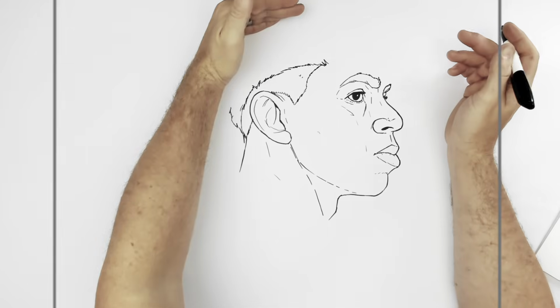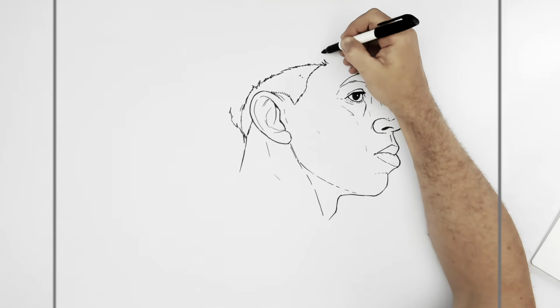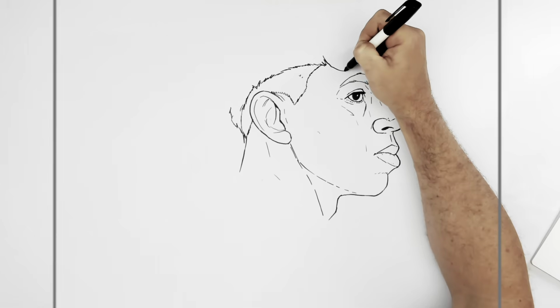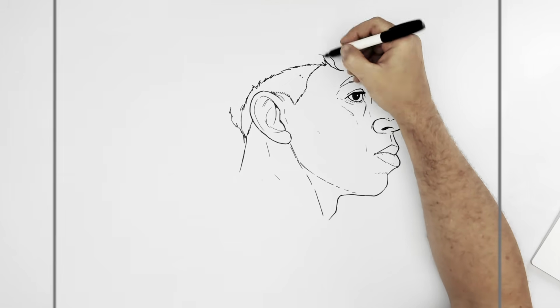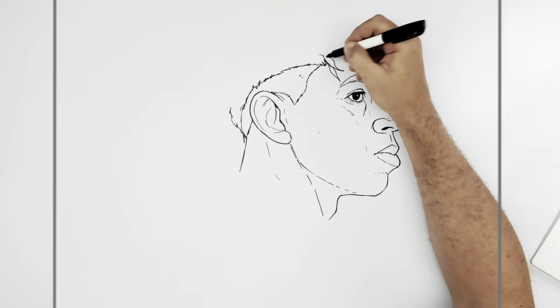So before I do the back of the head, we'll get the long fringe in. So there's lots of different ways of doing this, but he's got long, sort of wet, little fringe spikes, right?